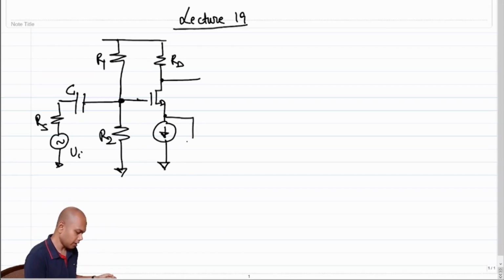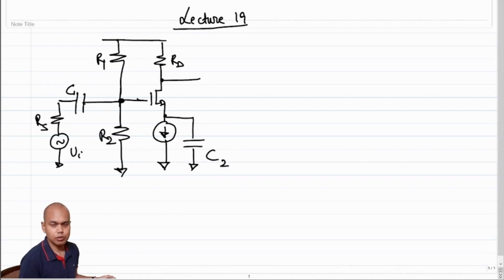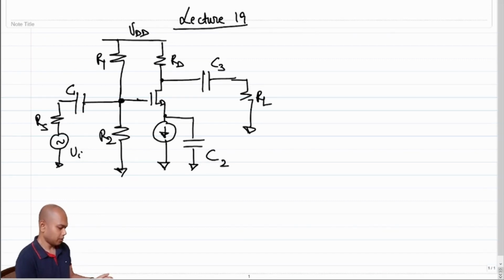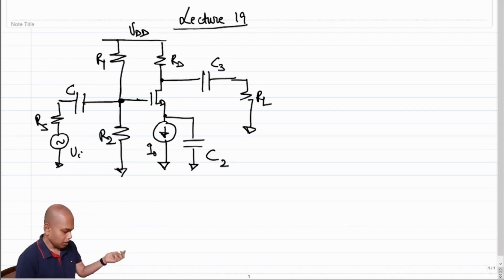The way we could do that was by connecting a capacitor C2, and we assume that C2 is of infinite value. And how was the load connected? The load was again connected through another capacitor C3, and this is what our network was. Okay, so this is where we stopped.